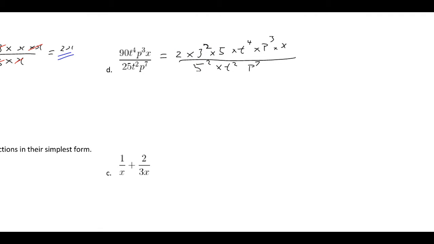That 5 will cancel with one of those 5's. T squared will cancel with 2 of those, bringing it down to 2. And the p to the 3 will cancel with 3 of those, bringing it down to 4. So that equals 2 times 3 squared, 2 times 9, which is 18, t squared x over 5 p to the 4. And there we are, that one's done.